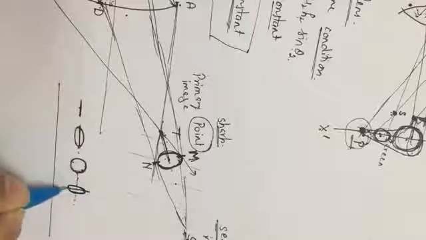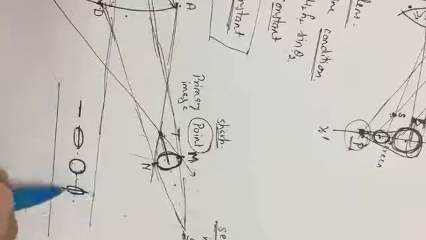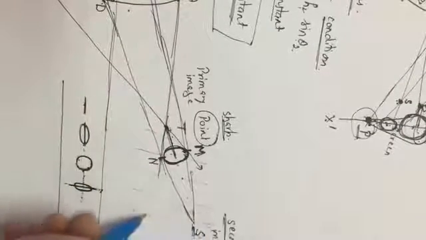Now the major axis is perpendicular to the principal axis, and if the screen is put at point S, we will get a line which is perpendicular to the principal axis.